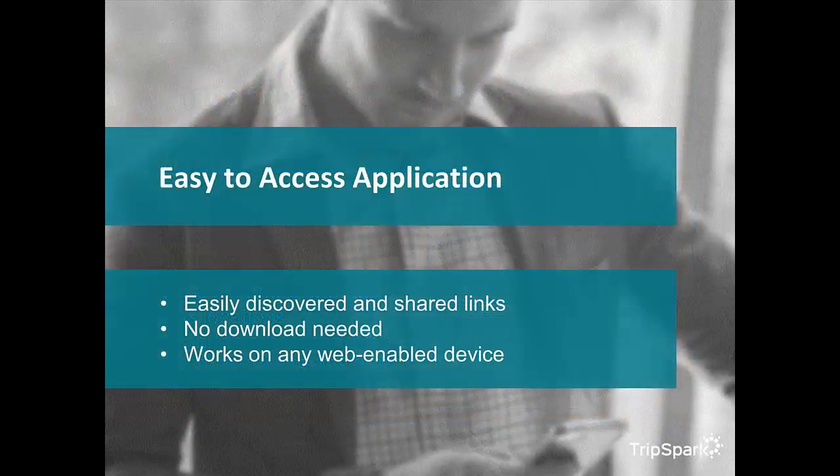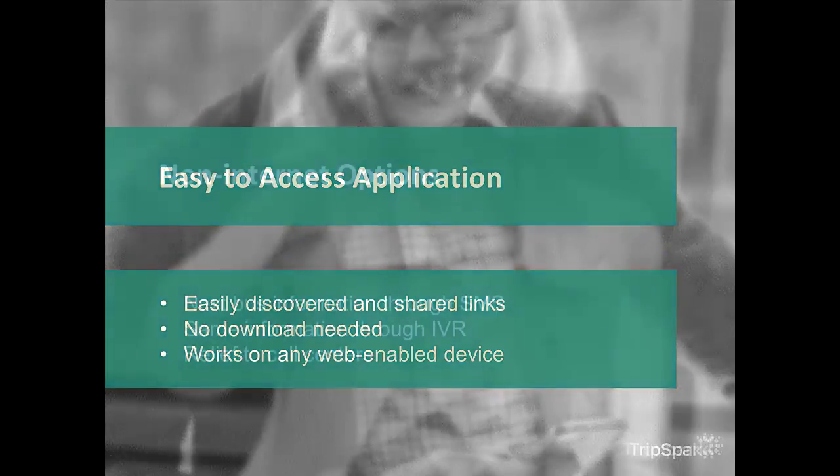In addition to making it easy to customize, being a web application means that it's easy for users to find MyRide from either a link on a transit agency's webpage or through a search engine. There's no need to download and update an application, and a responsive design means that the interface is optimized for web-enabled devices of all sizes and orientation.